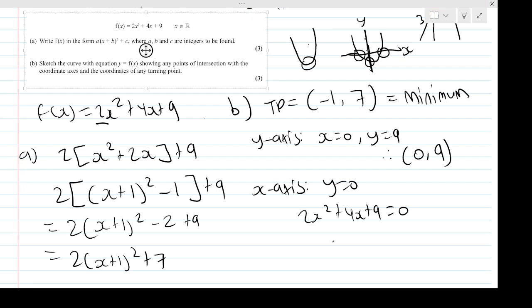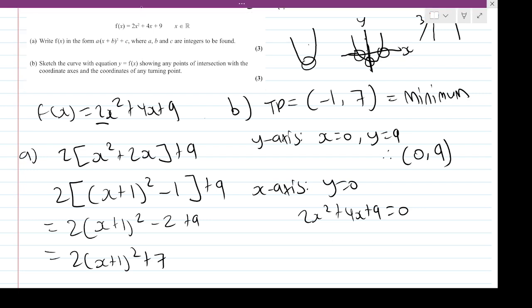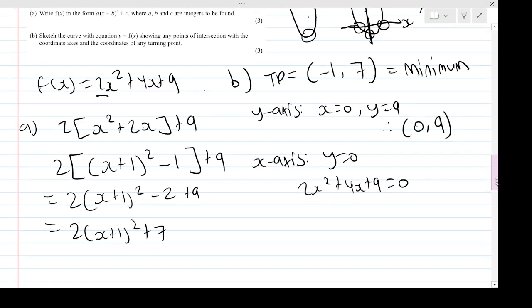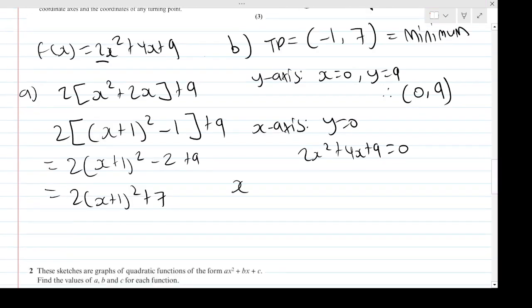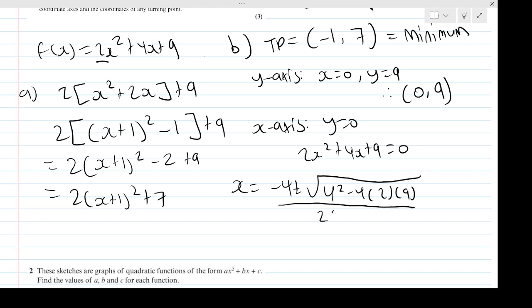Anyway, nothing unusual there. Then we solve it, and we can perhaps just use the quadratic formula to save any bother. So x would be minus 4 plus or minus the square root of 4 squared minus 4 lots of 2, 9, all over 2 times 2.